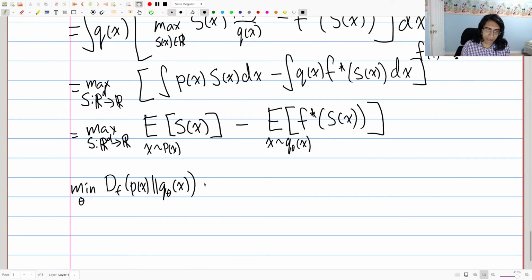Then we can say that after all this, this is approximately equal to min over theta, using what we had out here and doing this transformation, then max over all phi of the following quantities.